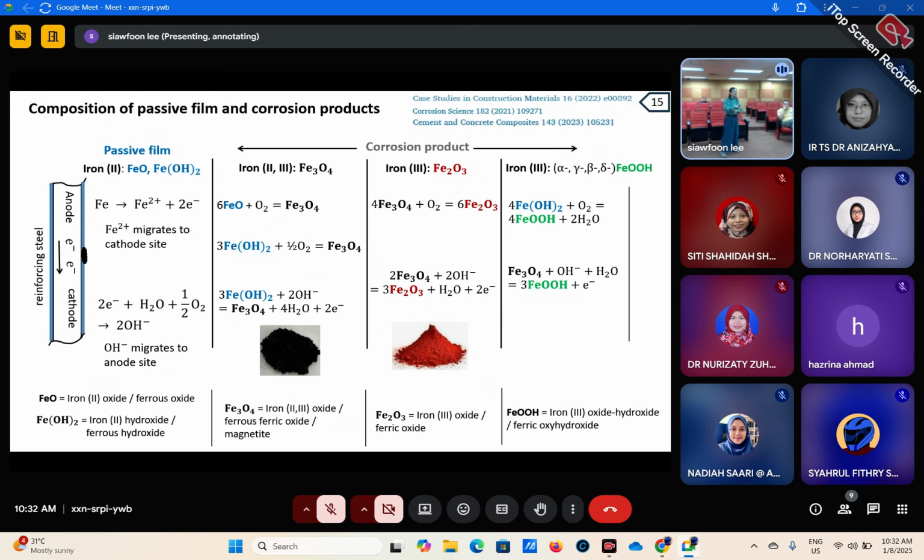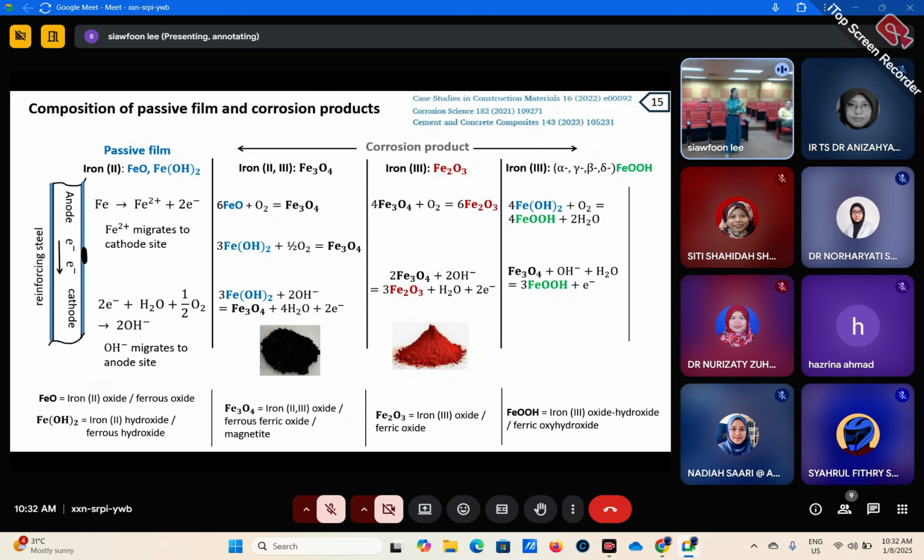And this is why here they call it iron 2, iron 2,3 and iron 3. If you refer to the oxygen, the oxidation state of oxygen is -2. So 2 times 3 is 6, and 6 divided by 2 means the oxidation state of the iron is 3. So this is called iron 3. Starting from here, it's called iron 3.